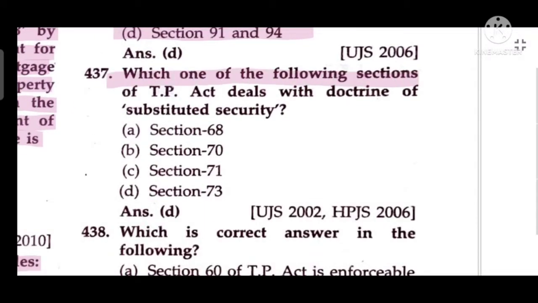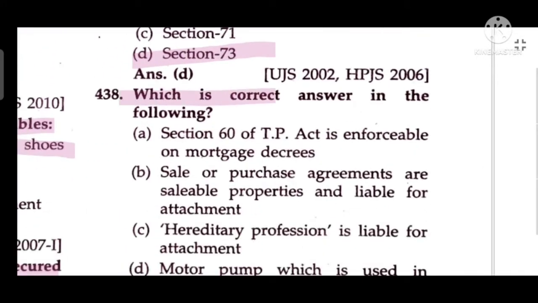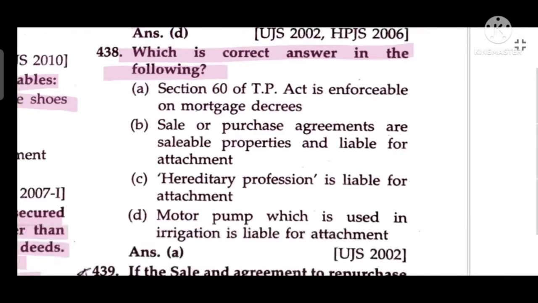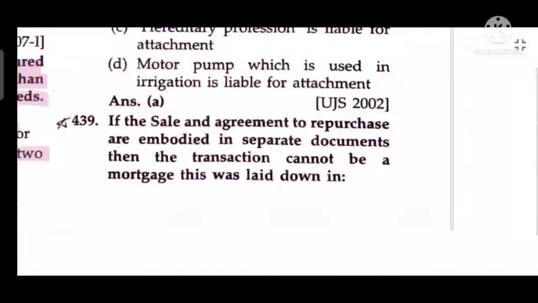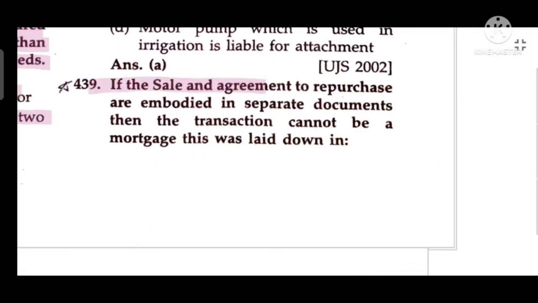Which one of the following sections of the Transfer of Property Act deals with the doctrine of substituted security? Section 93. Which one of the following is the correct answer? Section 60 of the Transfer of Property Act is enforceable on the mortgage decree. If the sale and the agreement to repurchase are embodied in separate documents, then the transaction cannot be a mortgage.